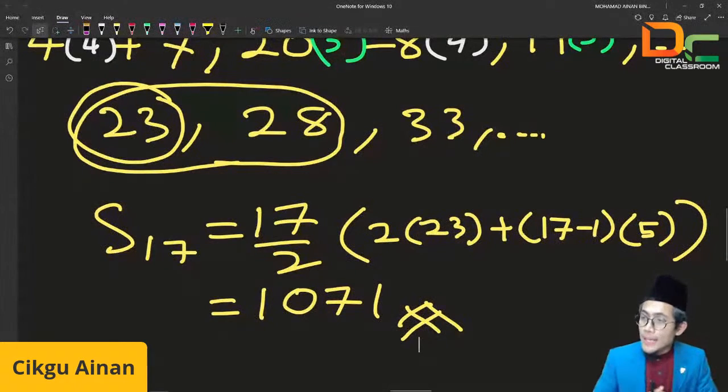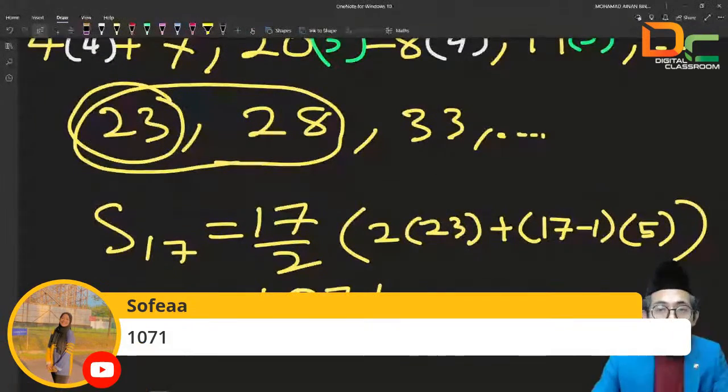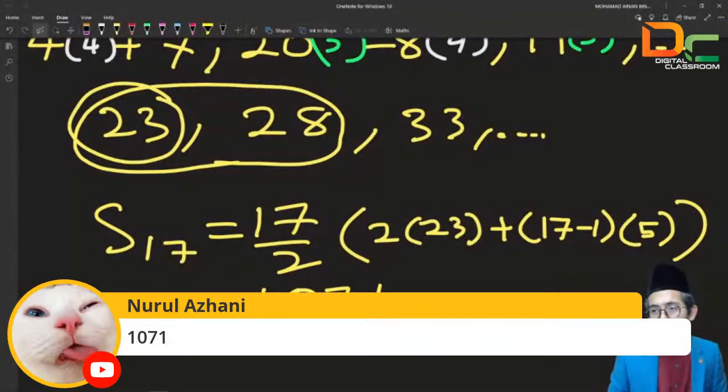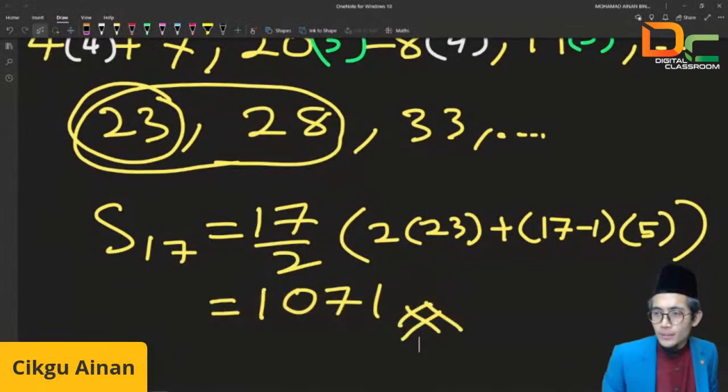Okay. So the sum of the first 17 terms is 1071. Ya. Bagus. Sofia, Zahani pun dapat. Ainul Munira, Azfar. Banyak kali Azfar dapat. Okay. So rasa dah habis dah soalan tu tak? Ada lagi tak yang belum dijawab?